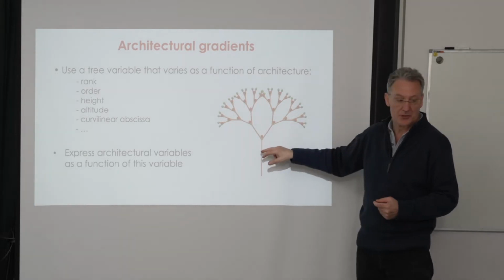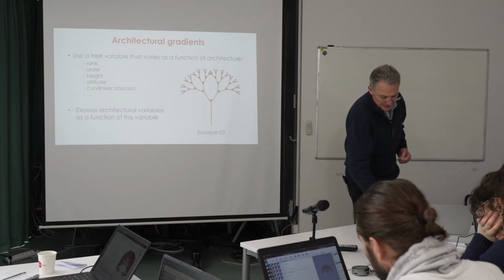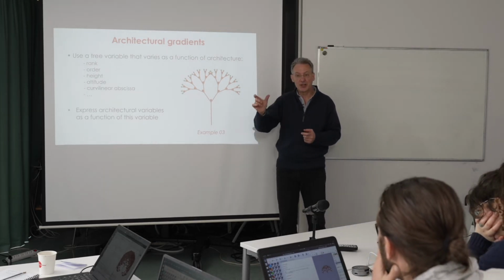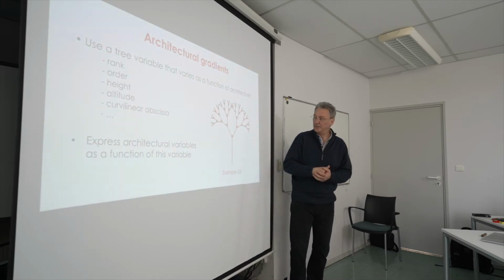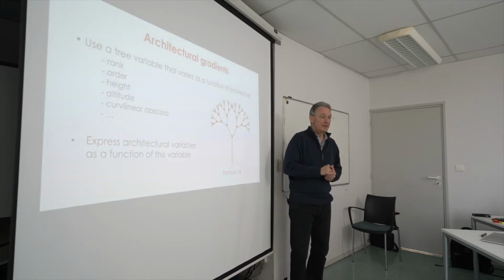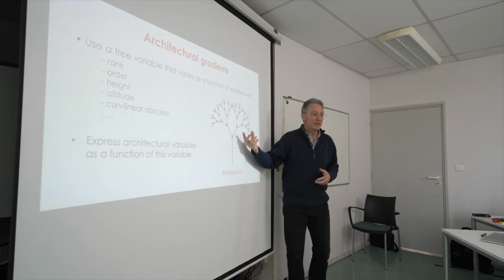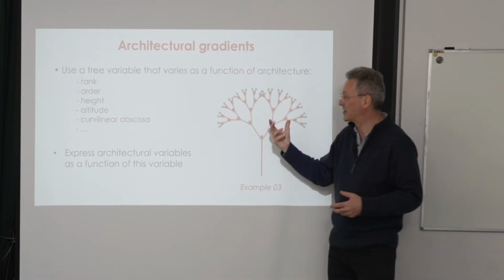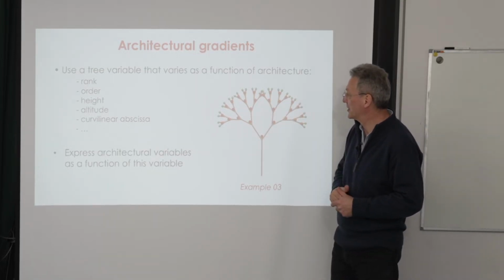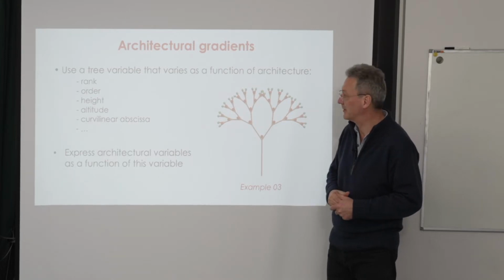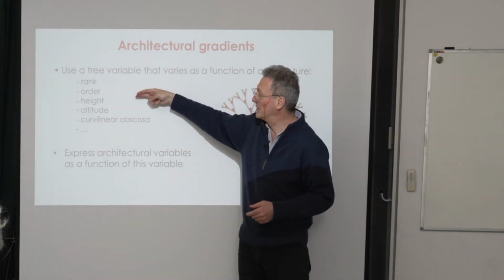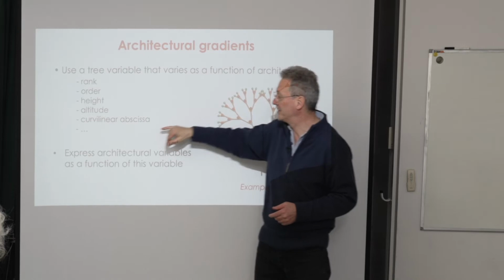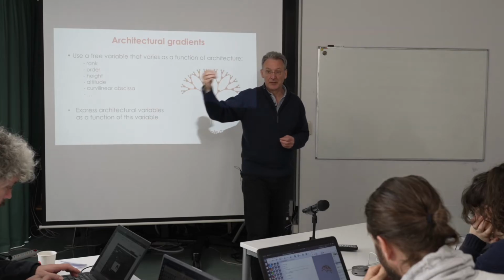So here I just created a small model that is example 3, where you can play with the possibility to change the geometric or the physiological property of the elements with a parameter corresponding to the architecture, to the spatial or topological place of the element in the plant. This can be the rank, this can be the order, this can be the height, this can be the altitude in the x coordinate, this can be the curvilinear abscissa along the stem.